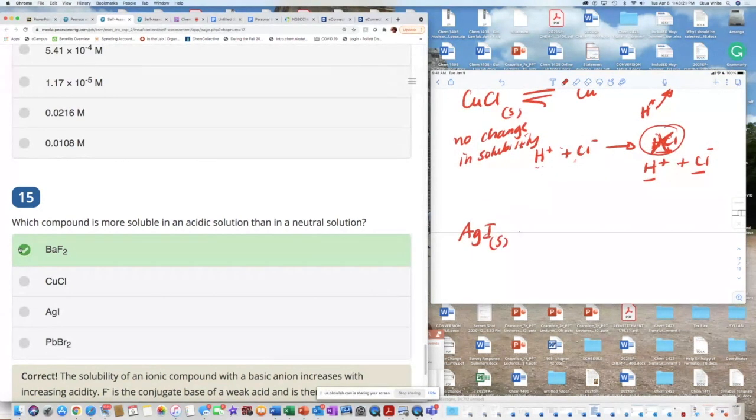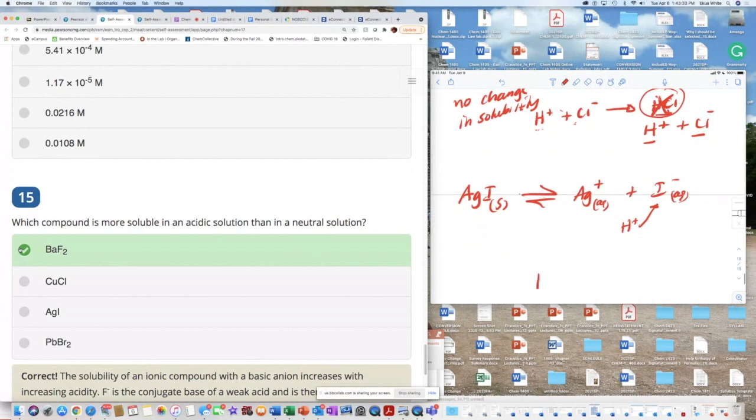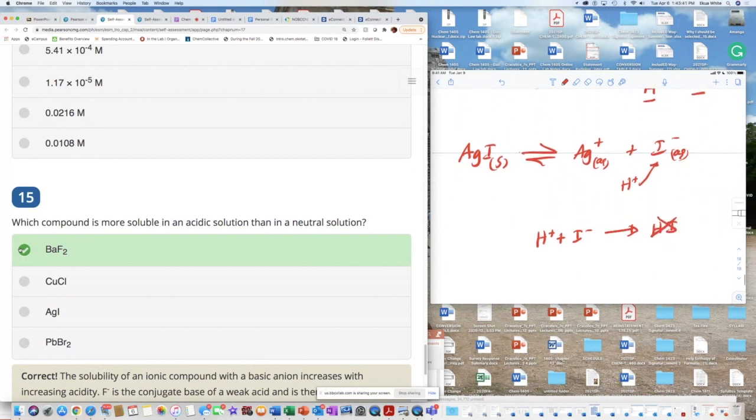AgI, solid, equilibrium. Again, Ag plus, I minus, aqueous, aqueous. Can H plus poach or remove I minus from solution? Let's see what happens. H plus tries to get with I minus, another tumultuous relationship. Doesn't last, breaks apart.